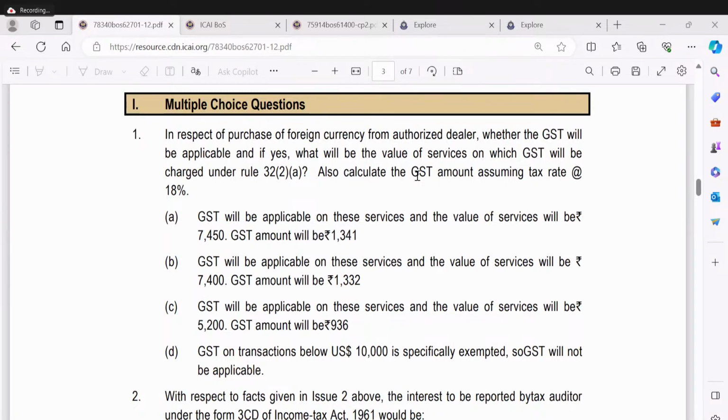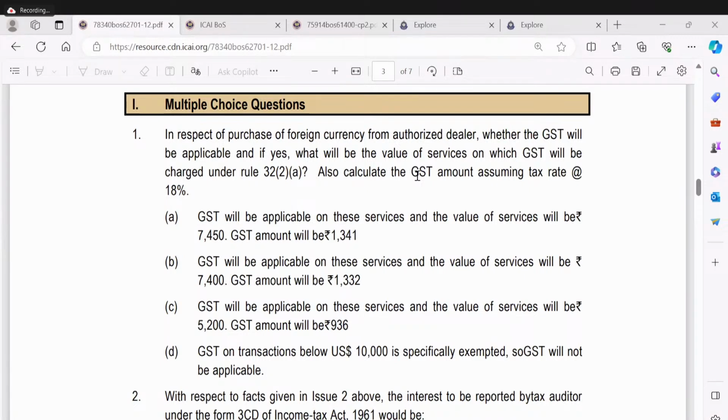Now, before this, in order to have the complete conceptual understanding regarding transactions in money or regarding the foreign currency purchase, I will take you through the taxability of transactions in money or money per se under the GST law, so that you can understand the concept, and then we'll see the valuation. Because we should know the concept first and then we should solve the questions.